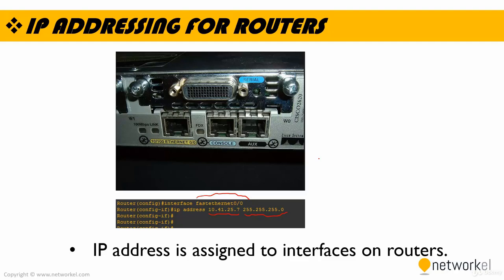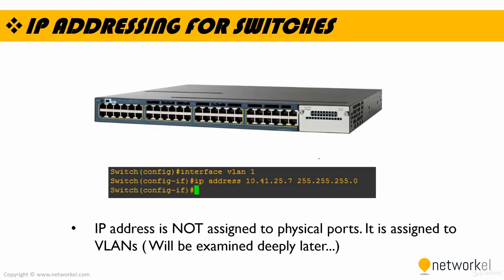Please keep in mind that IP address is assigned to interfaces on routers, and IP address is not assigned to physical ports on switches like interfaces. It's assigned to VLANs. We are going to check what a VLAN is in our next sections. So just keep in mind that you cannot assign an IP address to a physical port on a layer 2 switch.